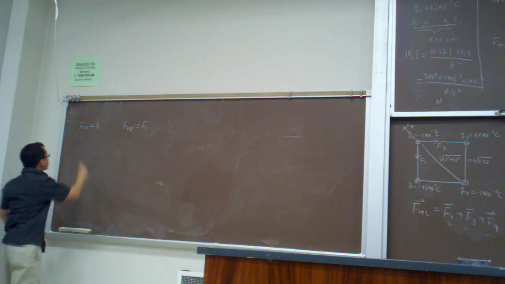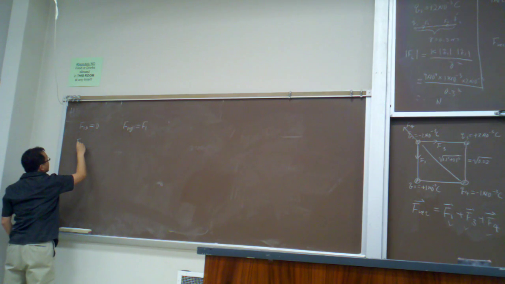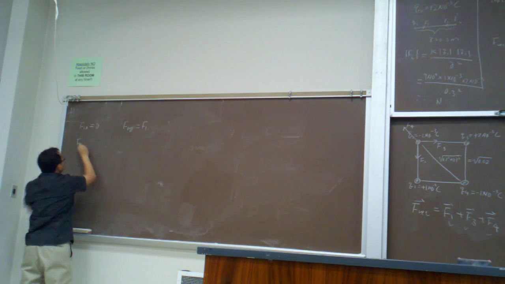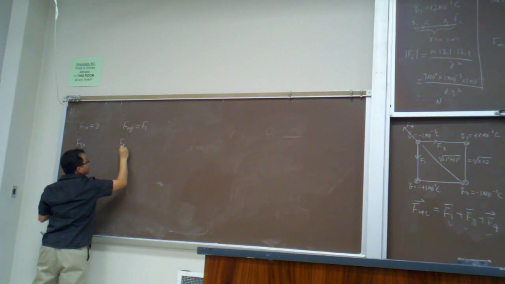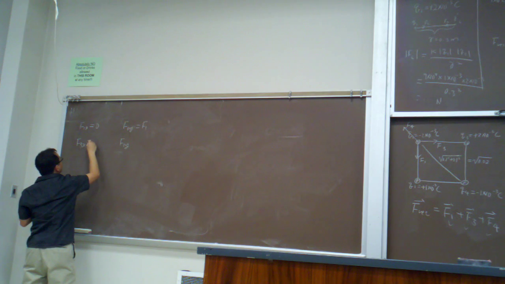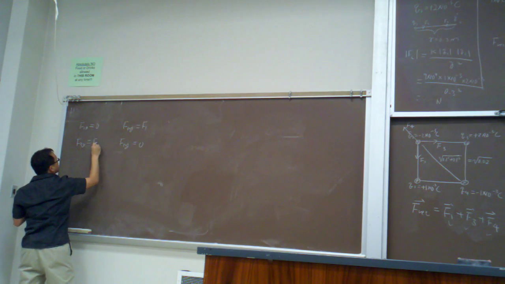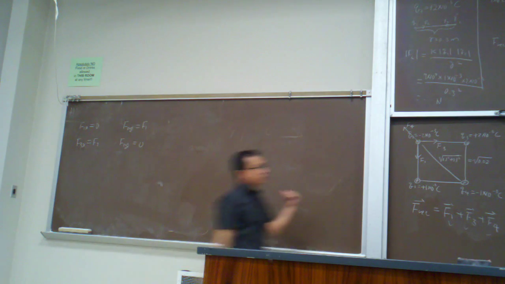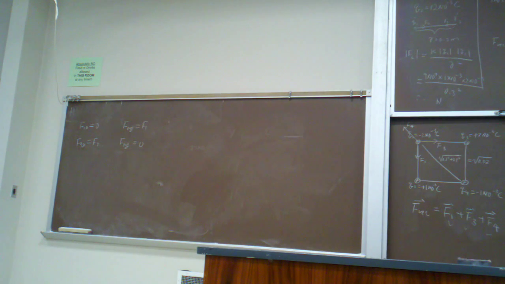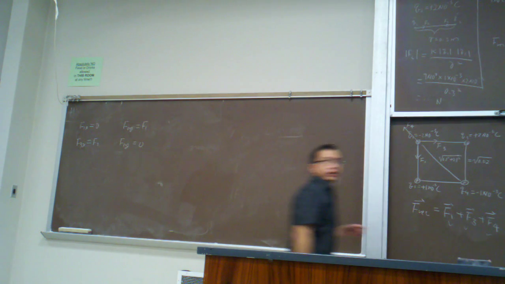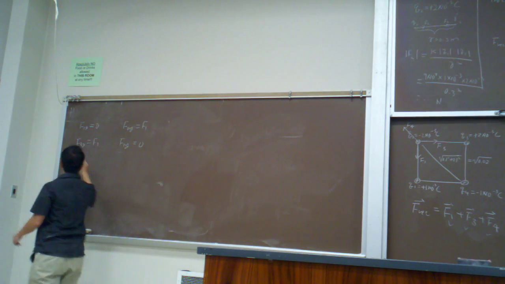And then similarly, F3x and F3y: F3y will be 0 and F3x will be F3, whatever number you got from this calculation. And for F4, we have to do decomposition.